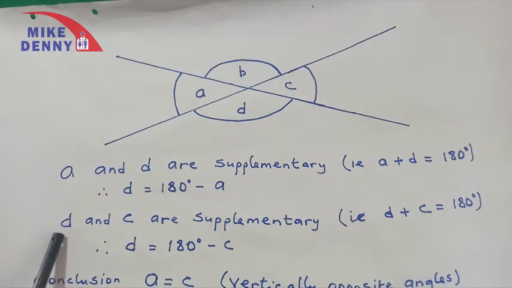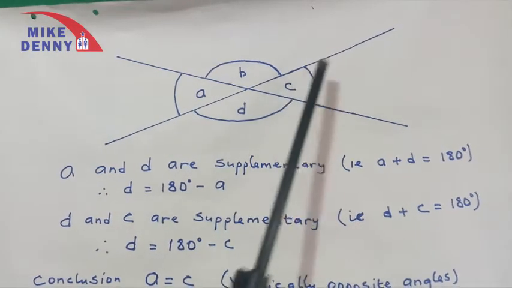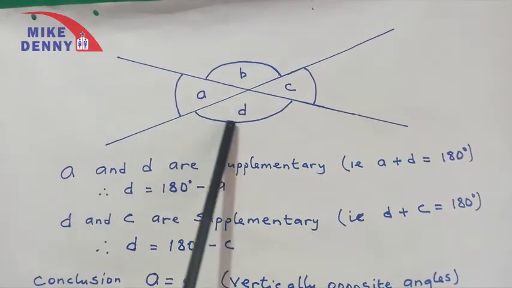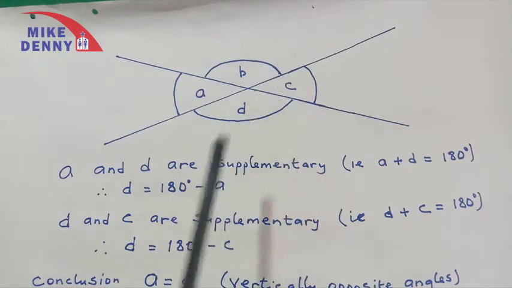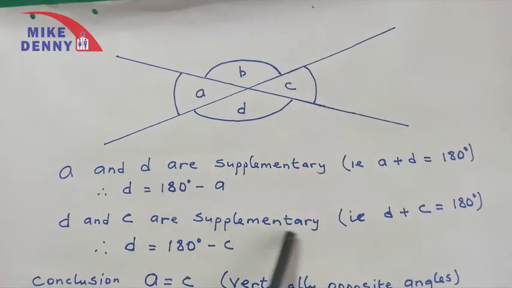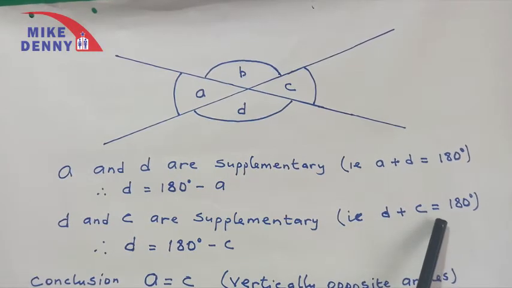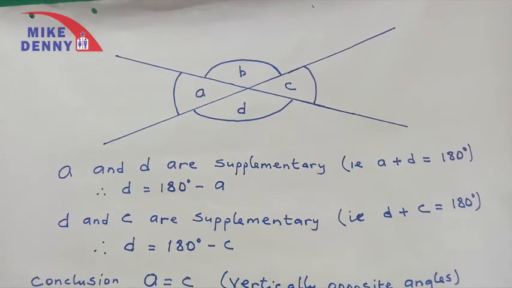Looking at D and C, we're using this straight line now. So D and C are angles of that straight line. D and C are also supplementary, which means D plus C equals 180 degrees.